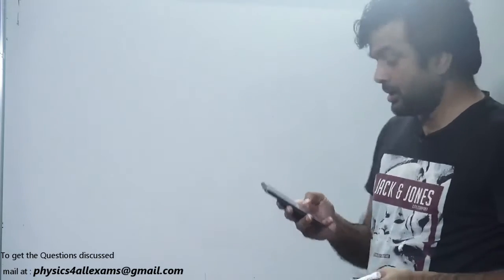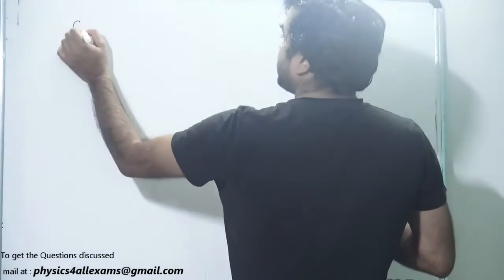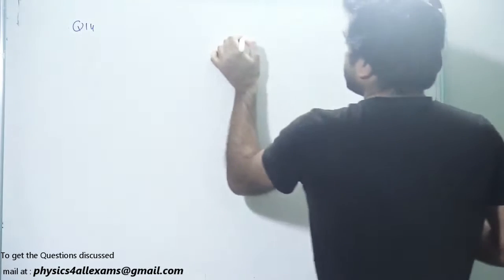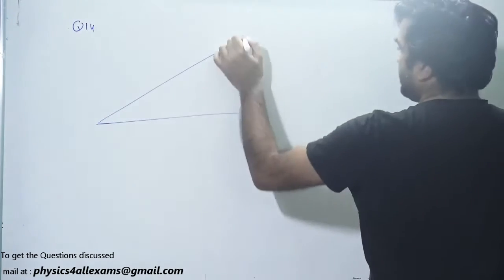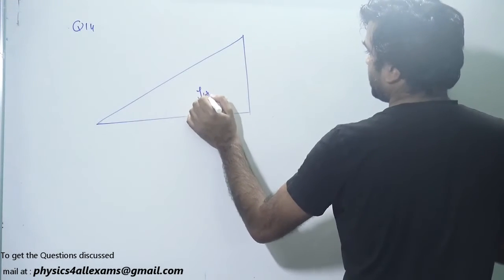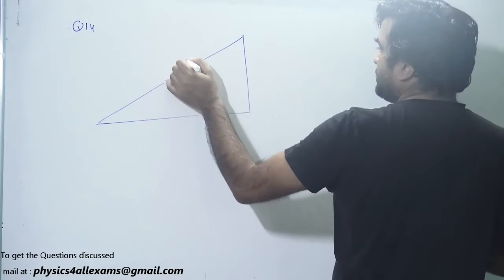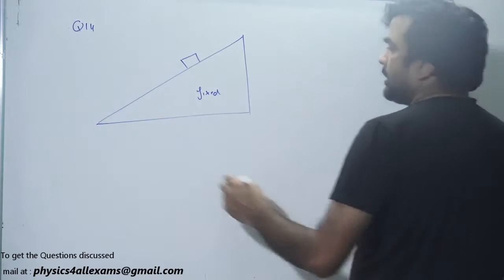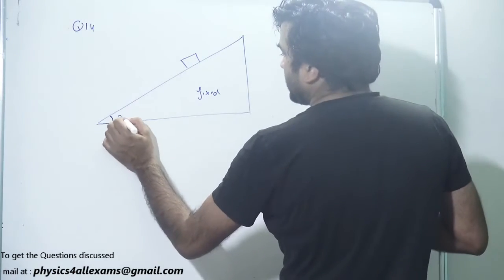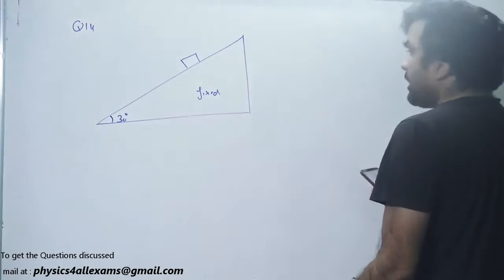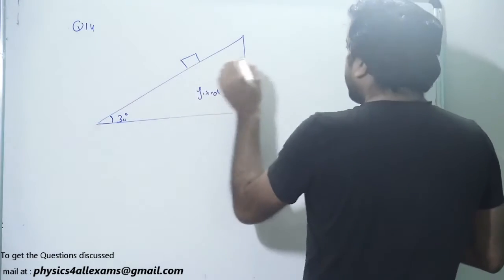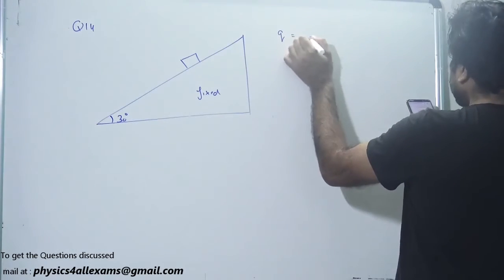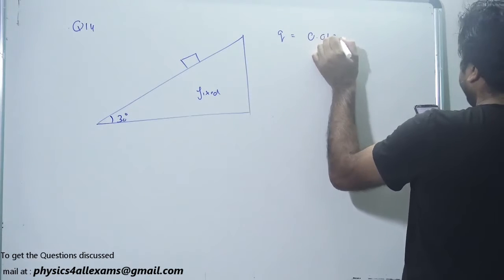Okay, so in question number 14, there is a rough inclined plane which is fixed, and on the inclined plane there is a block kept. The inclined plane makes an angle of 30 degrees, and the block has a charge Q equal to 0.01 coulomb.